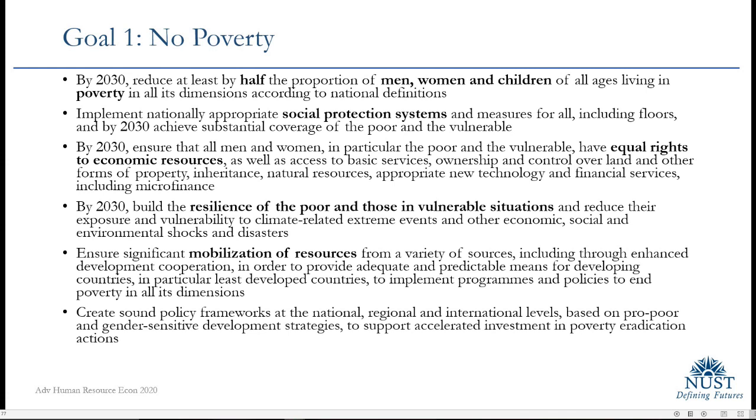So for 15 years from then, by 2030, we are looking to reduce poverty. We are looking to improve the social protection systems, and targeting is also mentioned here. It's not a blanket coverage, but the emphasis is on prioritizing those who are most vulnerable.